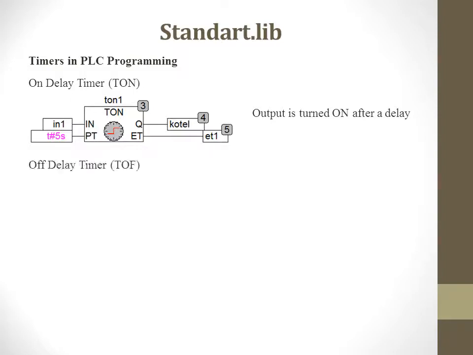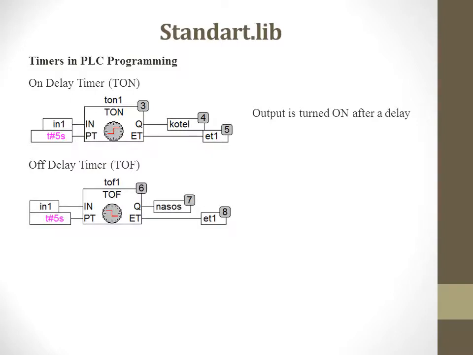So next, the off-delay timer, also called TOF. This is the picture of this timer and its functionality. Yes, the output is turned off after a delay. This output will be turned off after this delay, and this delay will start to count when these inputs are set.